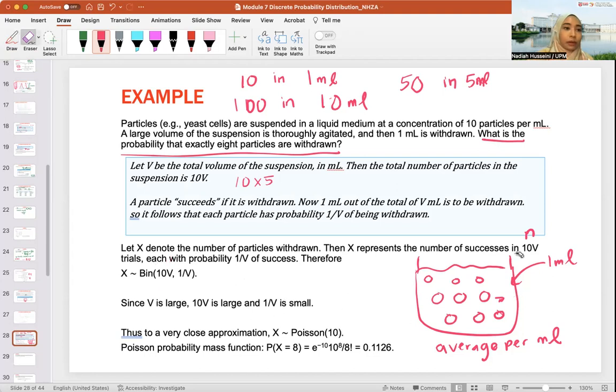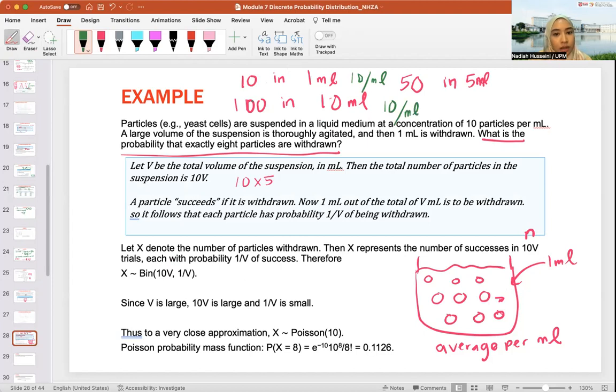Okay, so we were talking about the mean, right? We were talking about the mean being 10 because why do we know the mean was 10? Because 10 in 1 mil, this is the concentration, 10 per mil. In 100 particles in 10 mil, the concentration of the particles in this large volume is still 10 particles per mil.